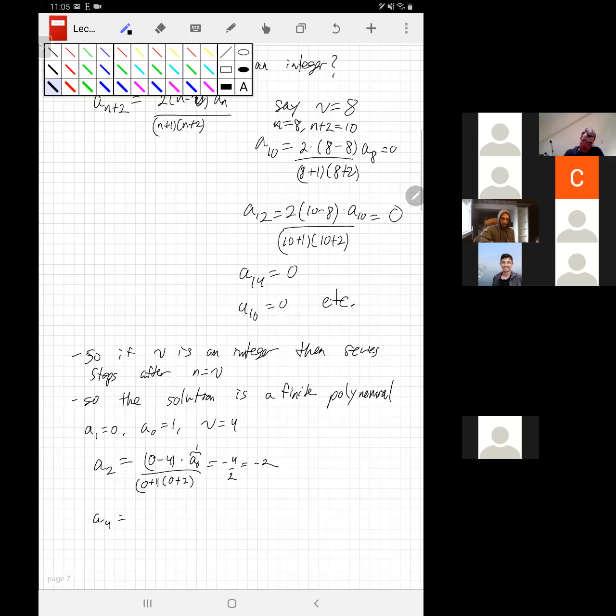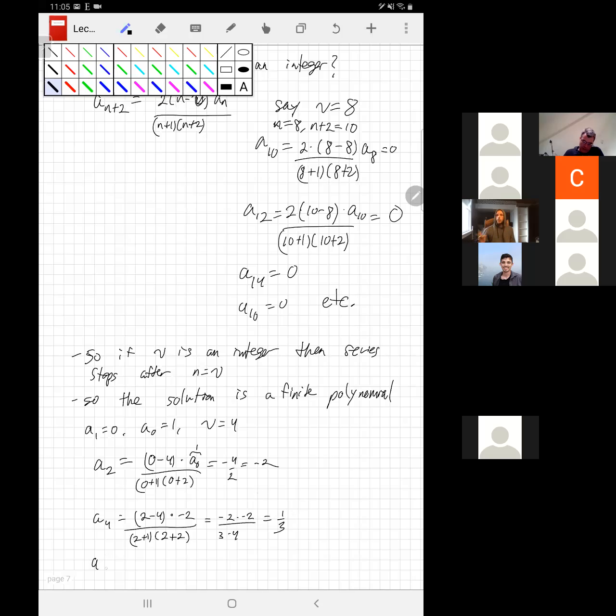A4 would be equal to 2 minus 4 times negative 2 over 2 plus 1 times 2 plus 2, which is negative 2 times negative 2 over 3 times 4, which is 1/3.